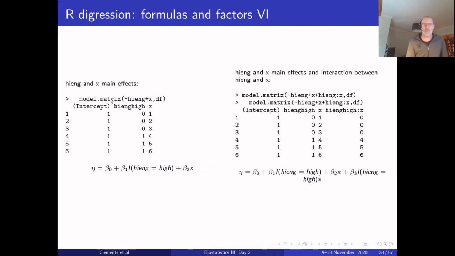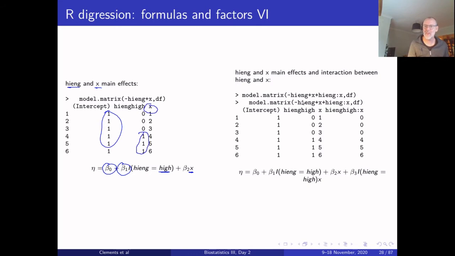To finish off with this, we could possibly have main effects for high energy and the continuous variable. So we have an intercept term, a main effect for high energy, and then a main effect for x. So we get a bunch of ones, a bunch of indicators for high energy, and then the actual values for x.